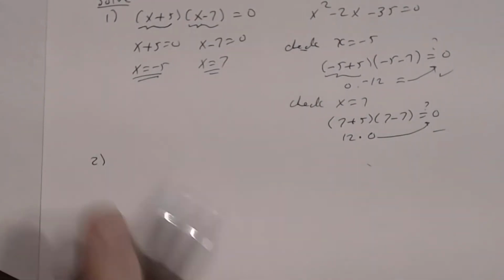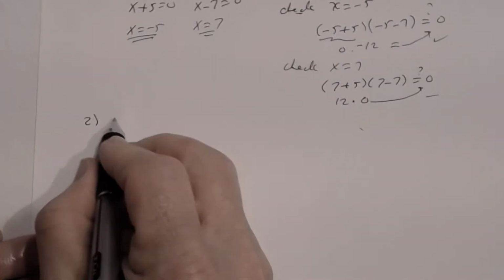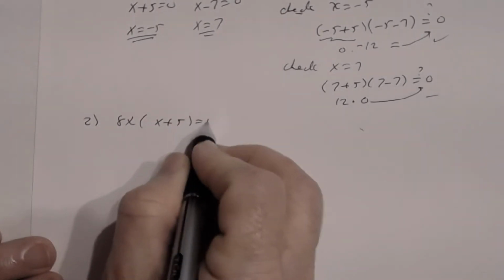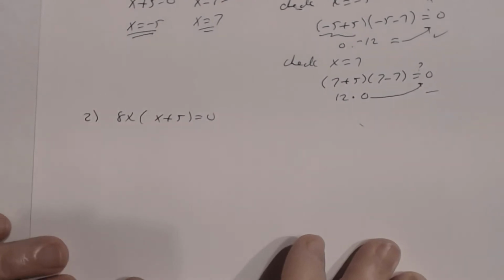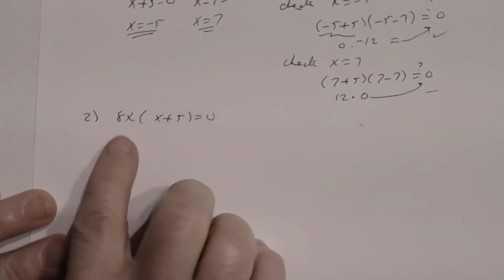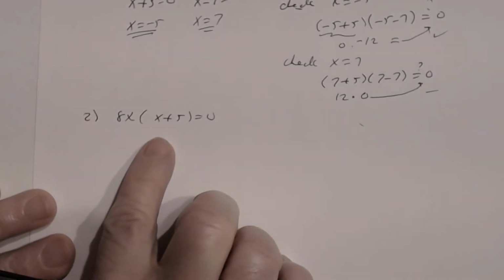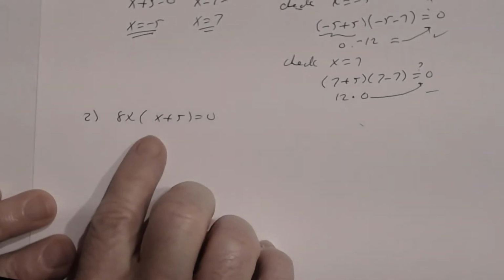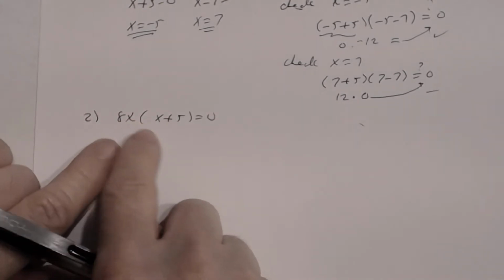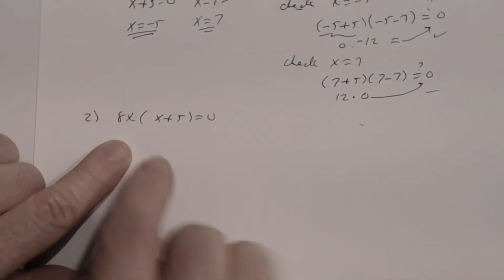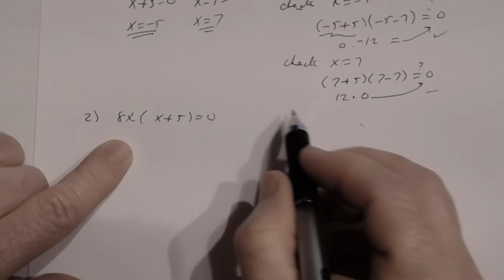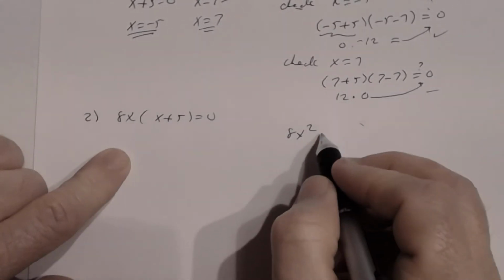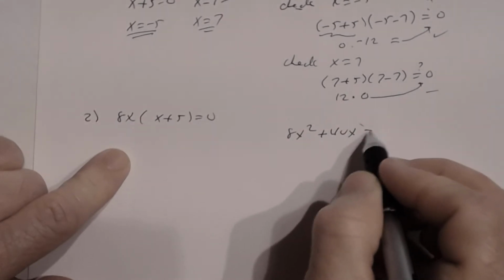So number 2, let's suppose we have 8x times x plus 5 is equal to 0. Okay? Now, technically, you see this is in factored form. Y'all see that? And do y'all see also that this is a quadratic equation? Because if I distribute that 8x right here, you get 8x times x is 8x squared, and then 8x times 5 is 40x, and that's equal to 0.